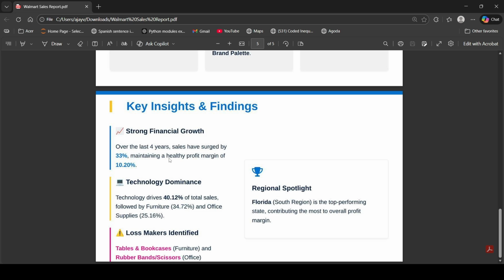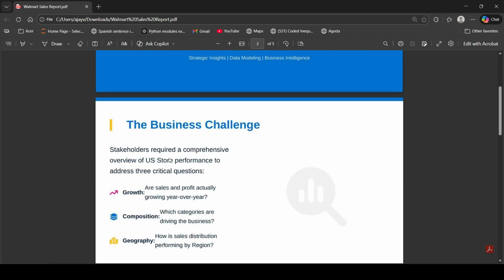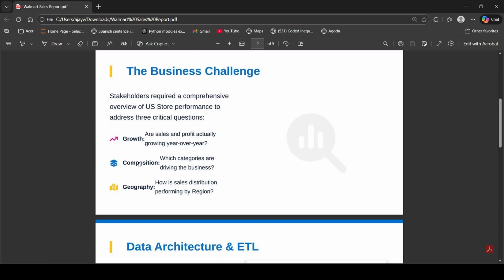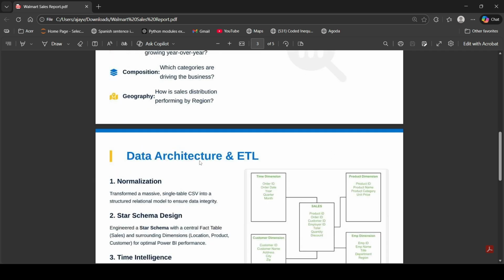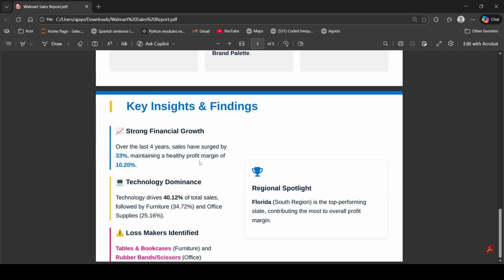And the next question was, on the basis of composition, which categories and subcategories are driving the business? Technology is the category which drives 40.12% of the total sales, followed by furniture at 34.72%, and office supplies at 25.16%.